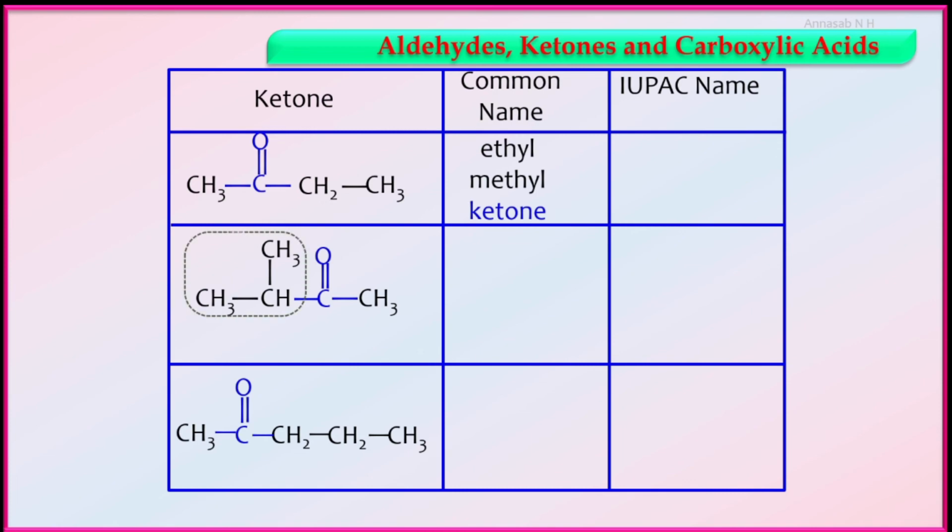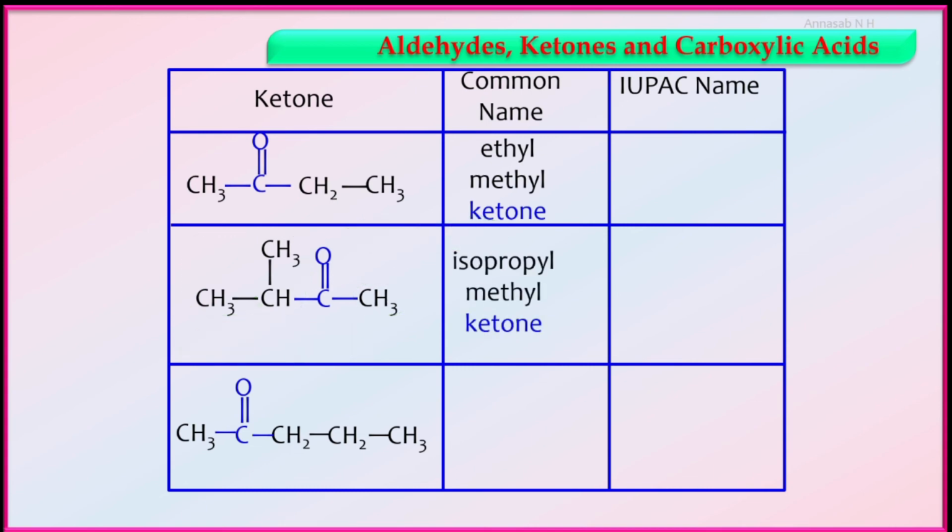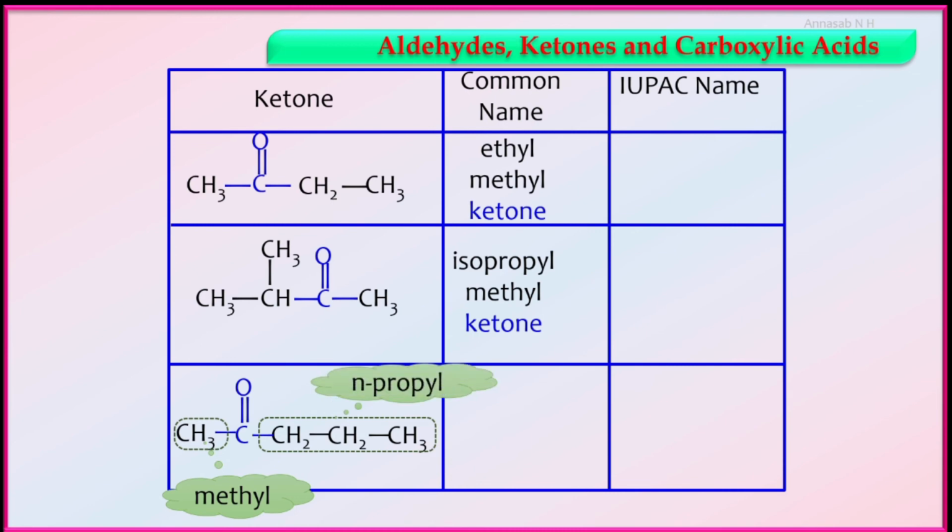Second one, CH3 CH CH3 is an isopropyl group, and on the other side CH3 is a methyl group. So the common name is isopropyl methyl ketone. The third one has CH3 on one side and a 3-carbon propyl group, or n-propyl group, on the other. The common name is methyl n-propyl ketone.